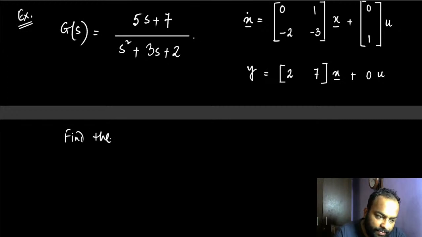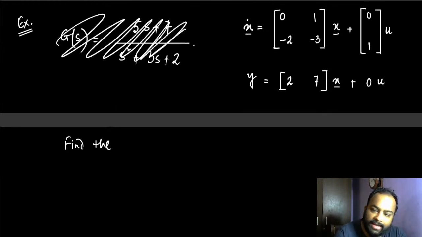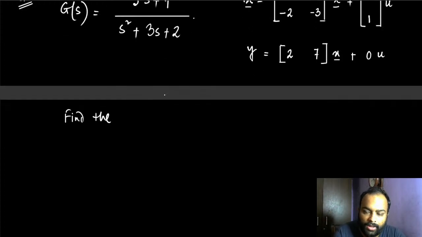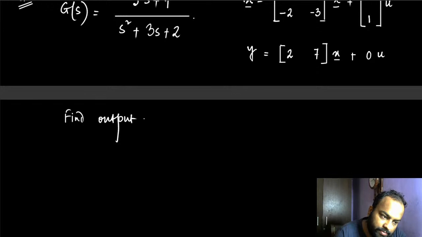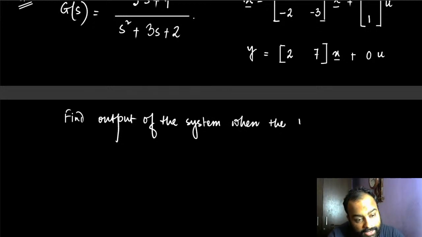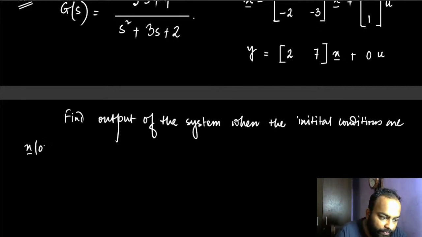Find the, you see, I do not need the transfer function model at all. I mean, this was just for your reference. Okay, this is just for your reference. Find the output of the system when the initial conditions are, so that's called x0.